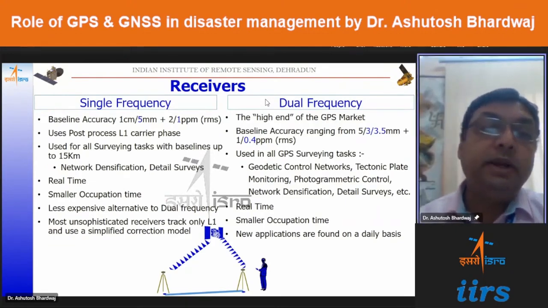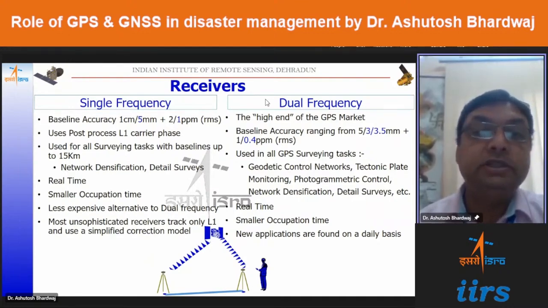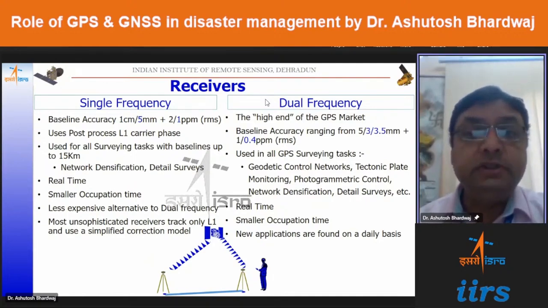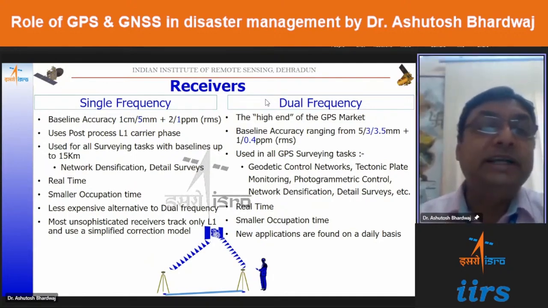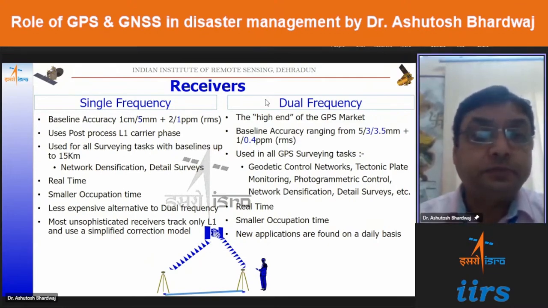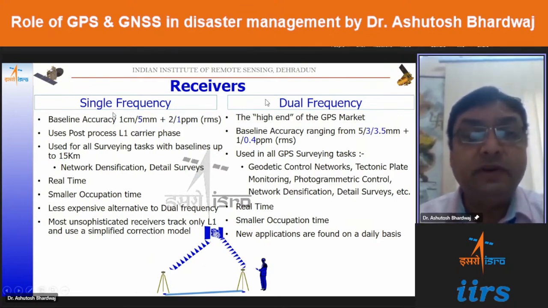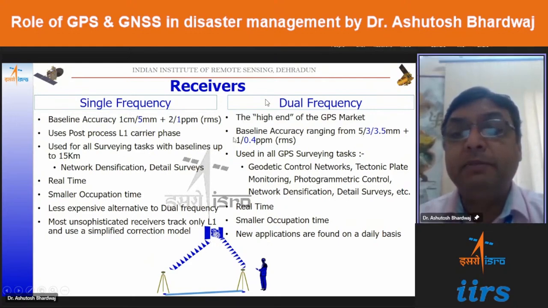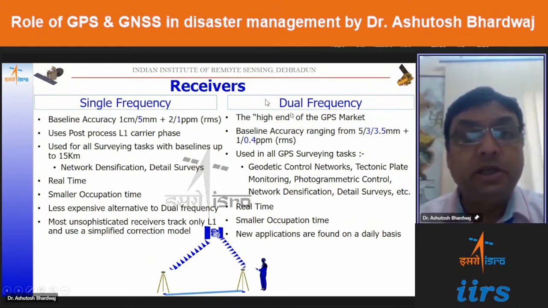Now when we go for procurement or use, we can use single frequency, dual frequency or multi-frequency receivers. The older receivers are capable of giving us an accuracy of 1 centimeter plus 2 ppm in case of single frequency, and 5 millimeter plus 1 ppm in case of dual frequency.